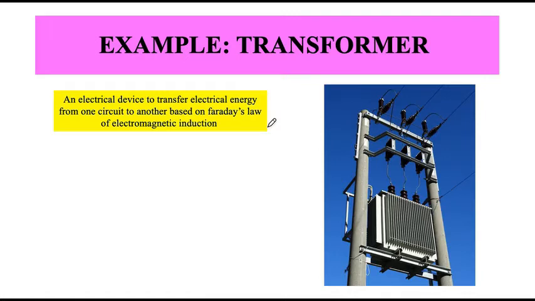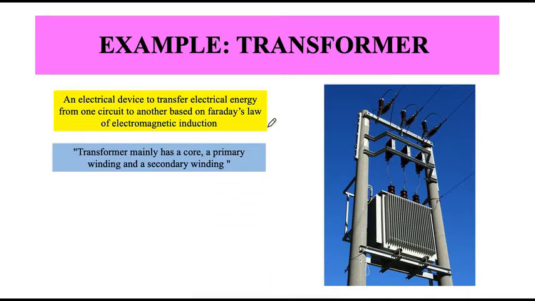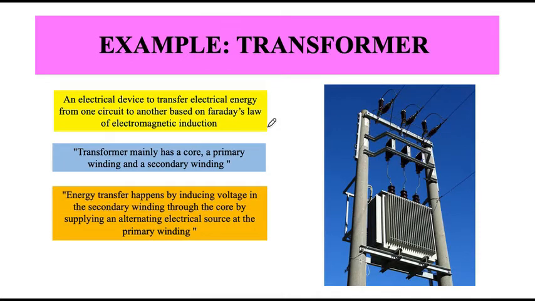So how does it look like? It has a core, something called a primary and secondary winding, and energy transfer happens by inducing a voltage in the secondary winding via the core. And where does the core get that energy? The core gets its energy through some electrical source in the primary winding.